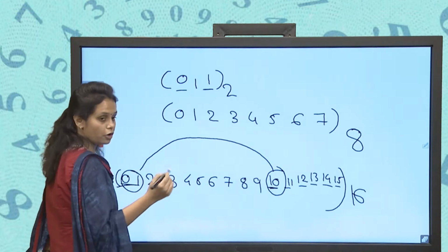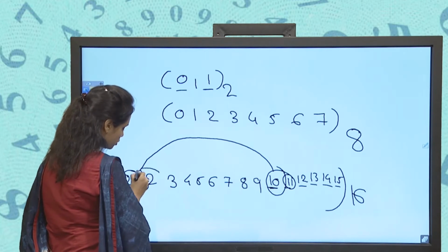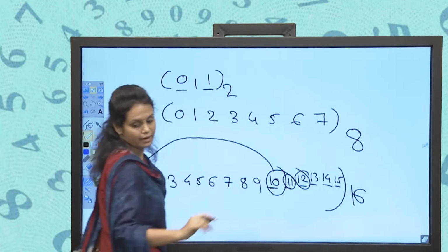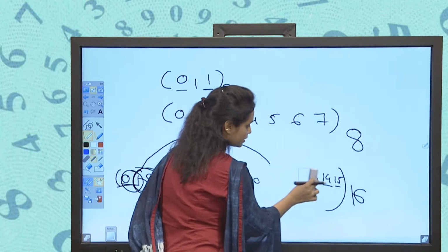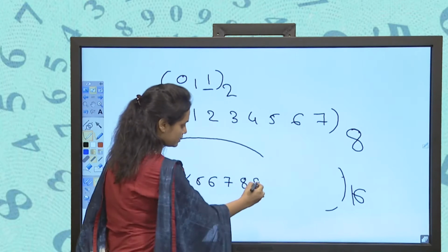Again the machine will not differentiate this 1 1 and this 1 1. Again the machine will not differentiate between this 1 2 and this 1 2. And that's why we have to use a different symbol after the 9.